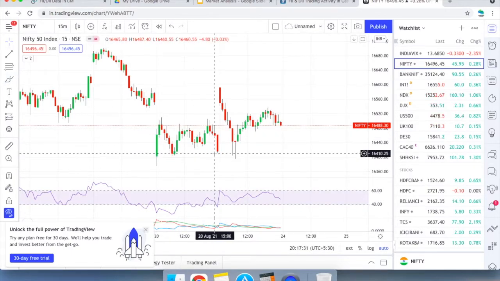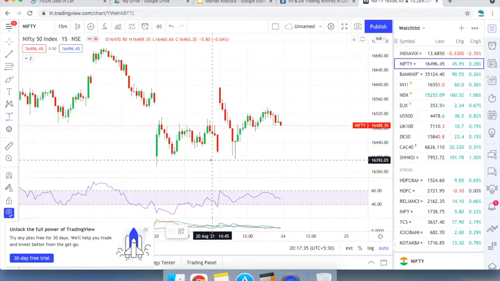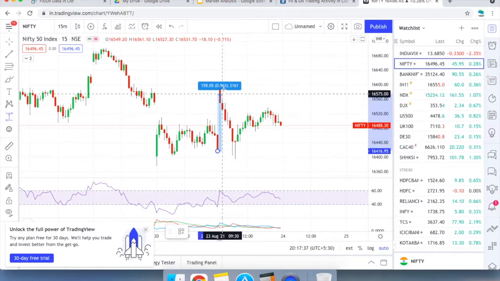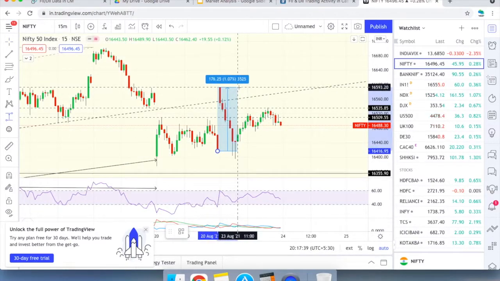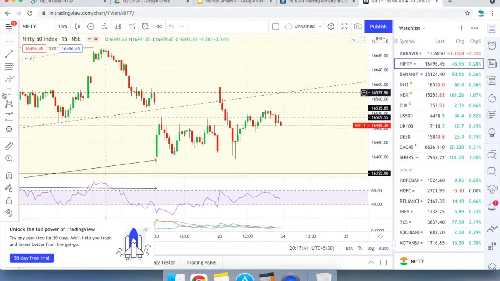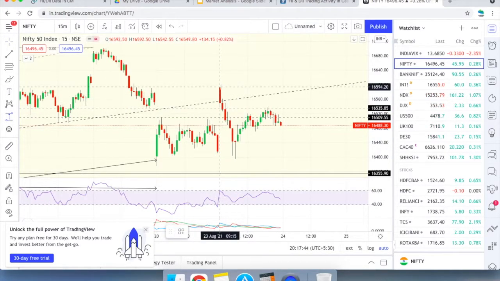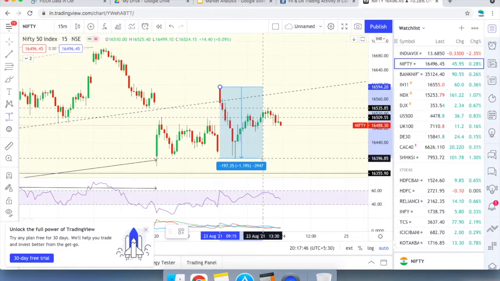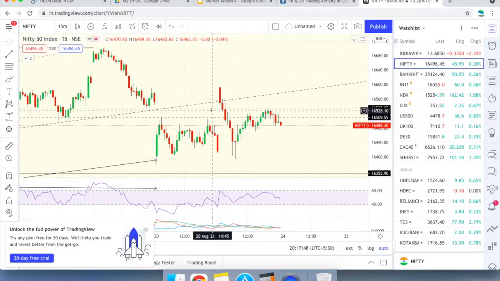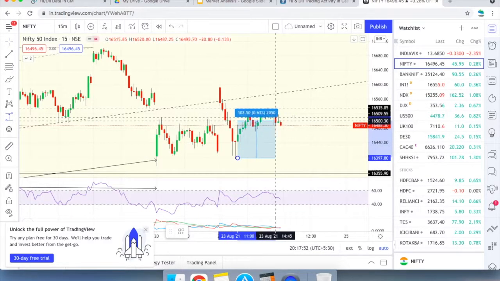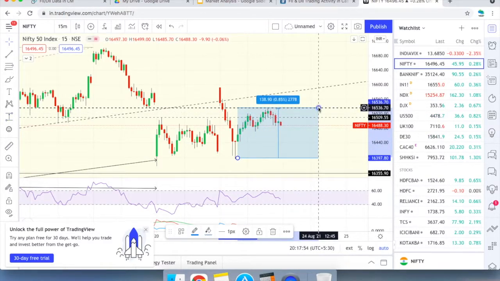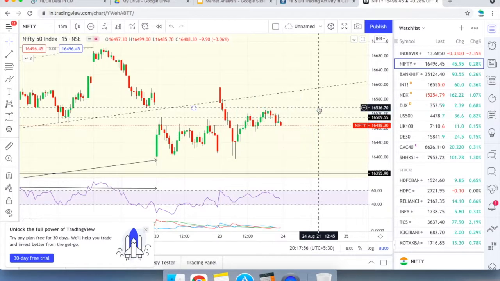So it gapped up how much? If you just see the price range, it gapped up 175 points, then it went down more than that, near 200, and then from there it went up 140 points.